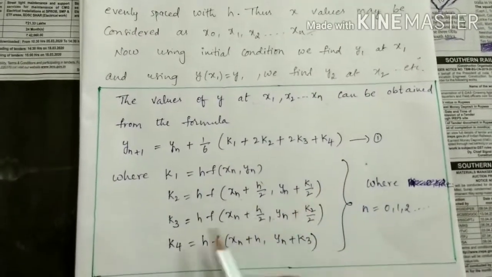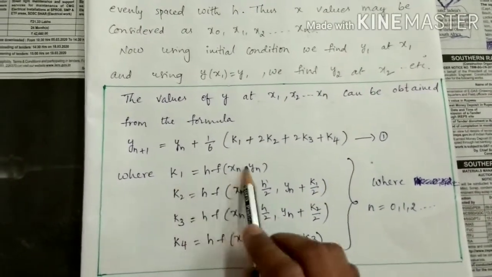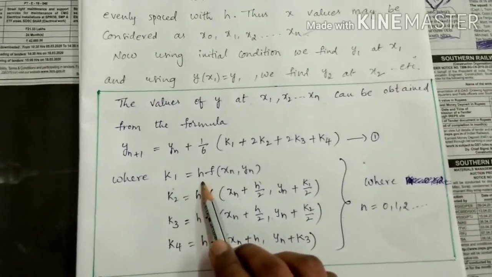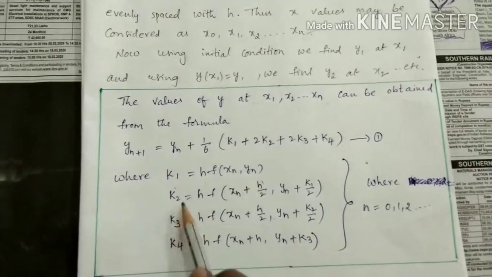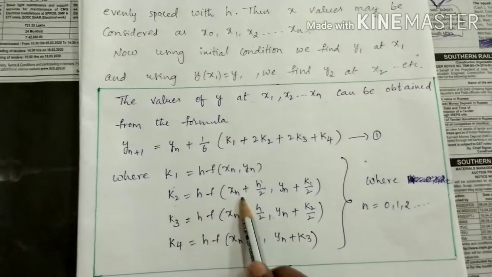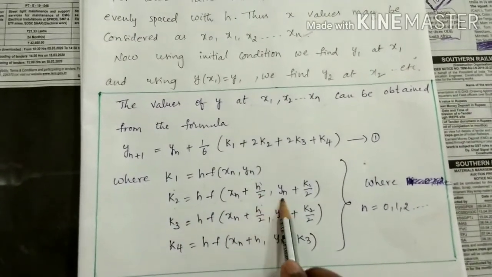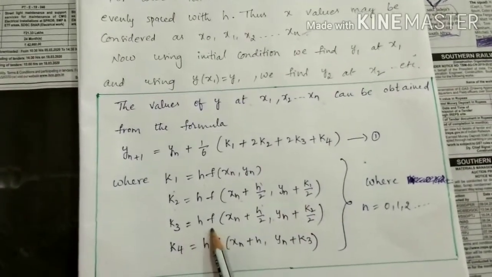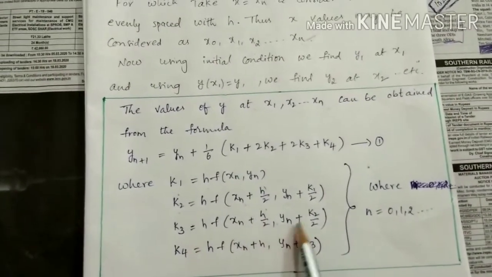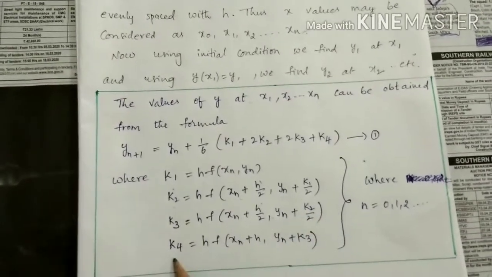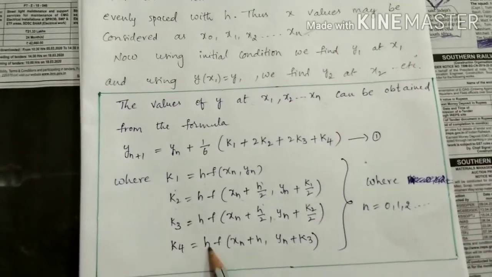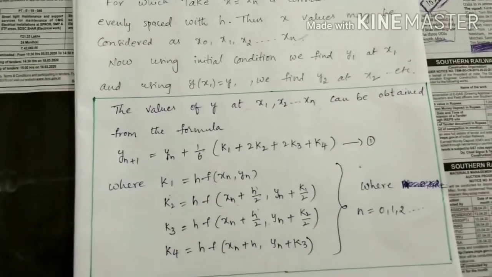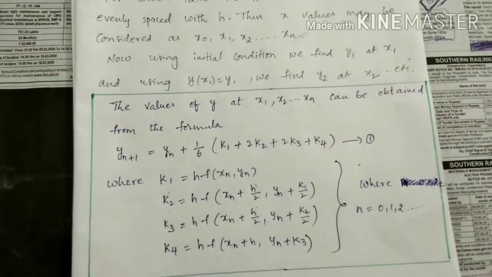These can be obtained from these formulas. k1 equal to h into f of (xn, yn), and k2 equals h into f of (xn plus h by 2, yn plus k1 by 2), and k3 equals h into f of (xn plus h by 2, yn plus k2 by 2), and k4 equals h into f of (xn plus h, yn plus k3). This is the general formula.